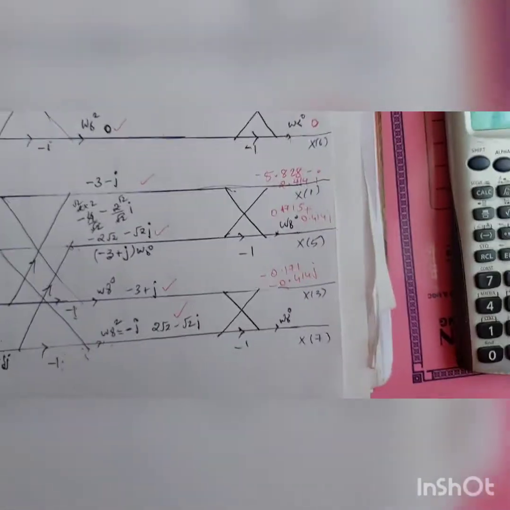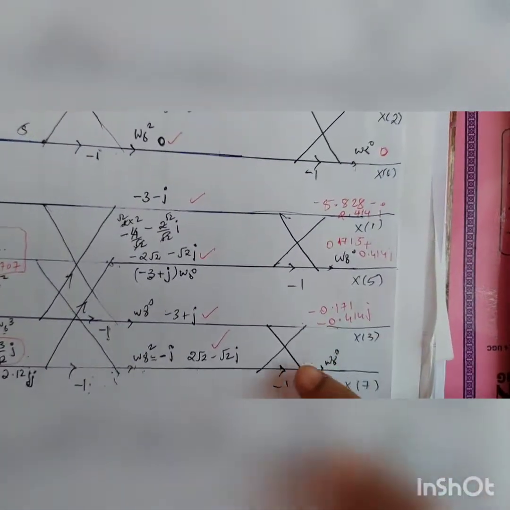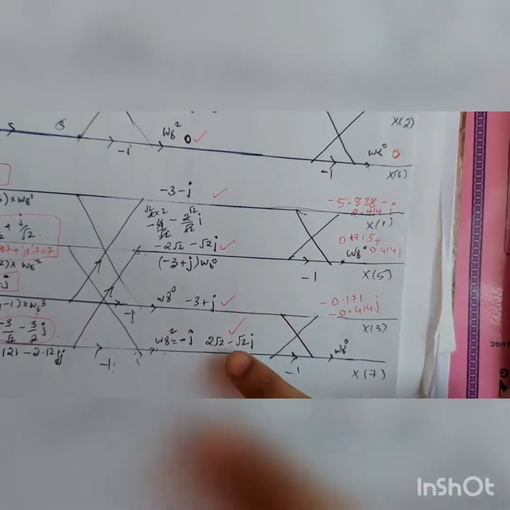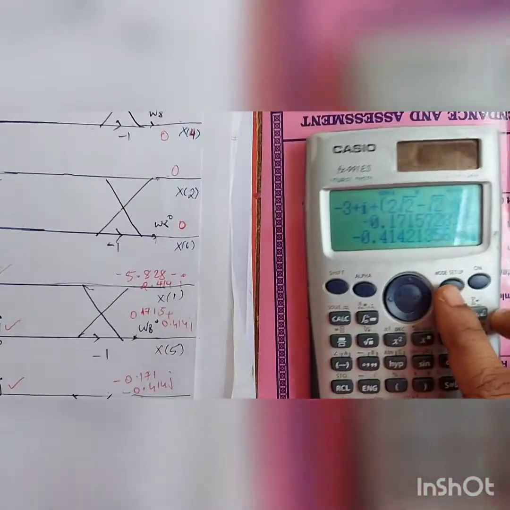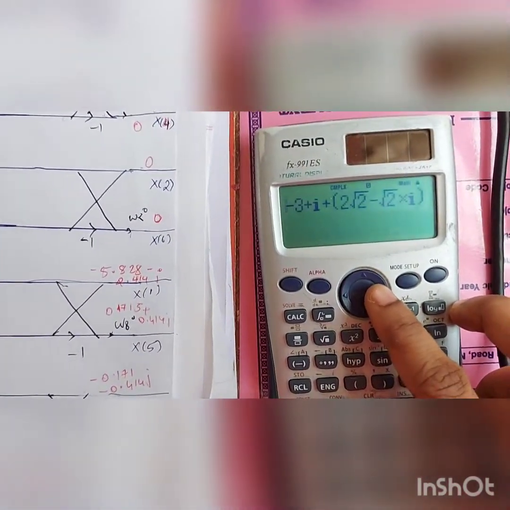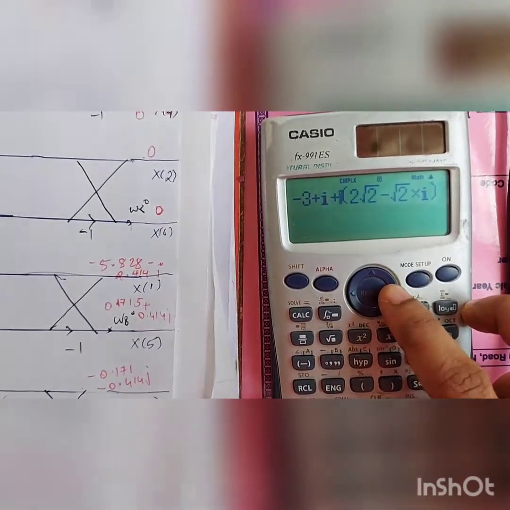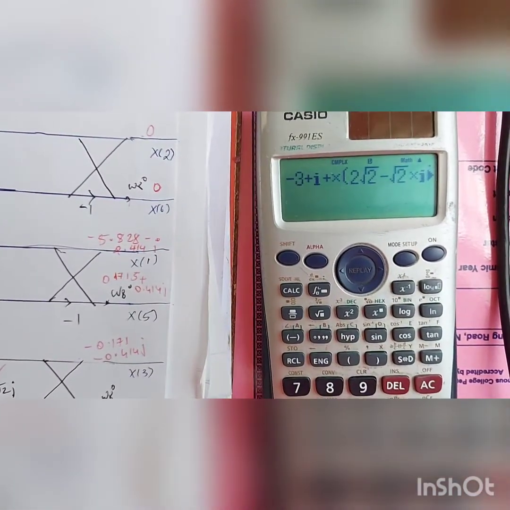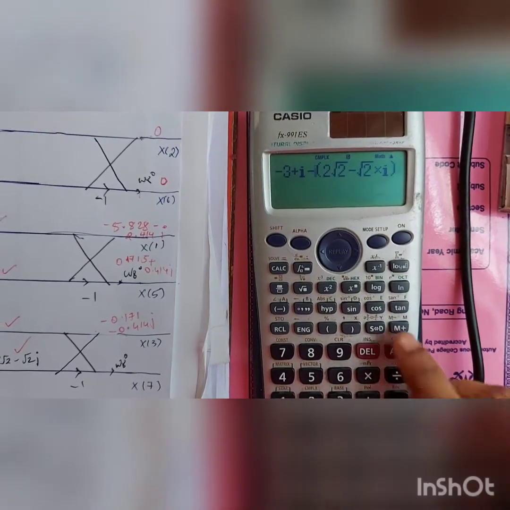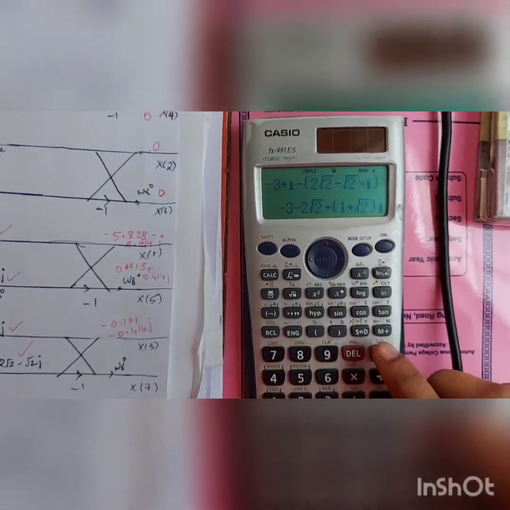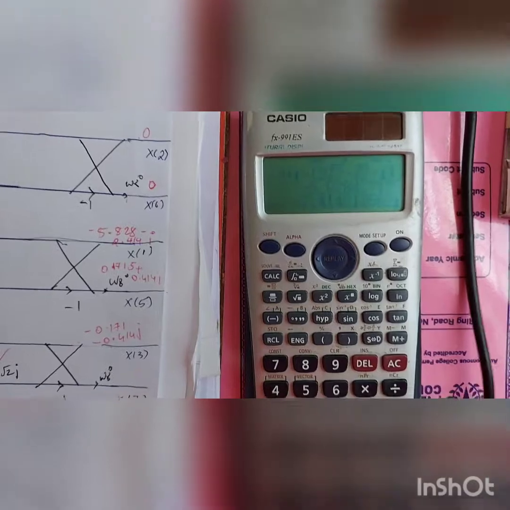Okay, so what about here? It is minus 3 plus j minus of this value, minus 1. So this thing is there. All you do is make this plus, minus, equal to, press this.